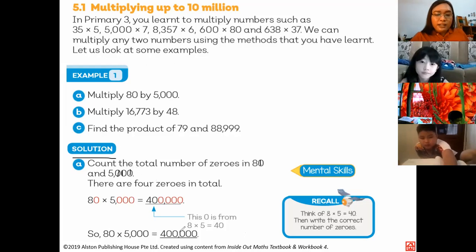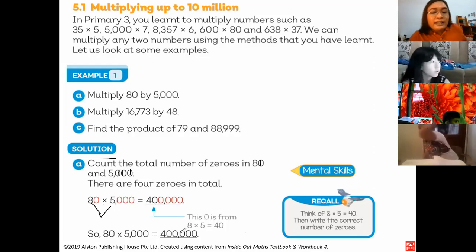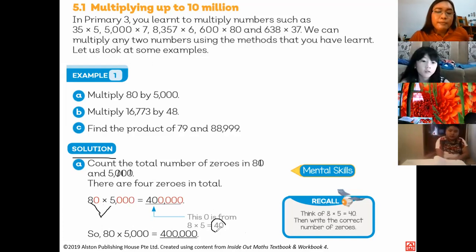So here's the solution, class. 80 multiplied by 5,000, that's going to be 400,000. So here's the thing. You just have to multiply first 8 and 5. So 8 multiplied by 5 is 40. So you have to write the 40 over here, and then just add the 4 zeros.